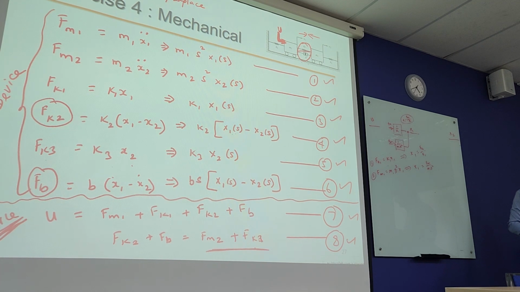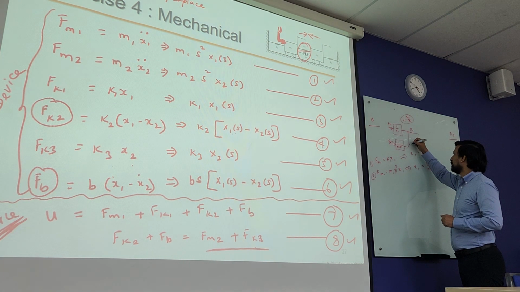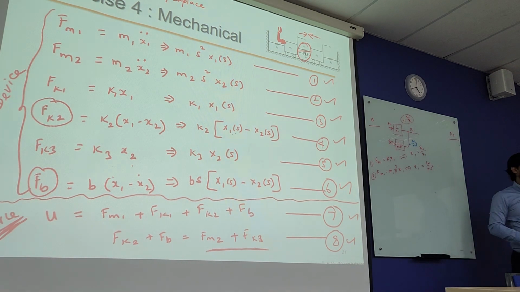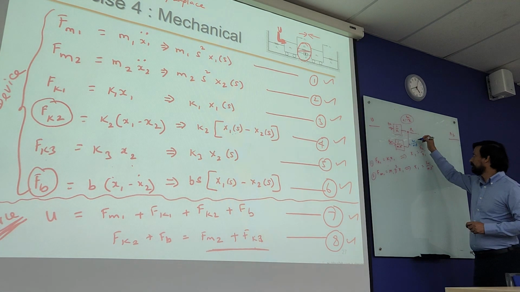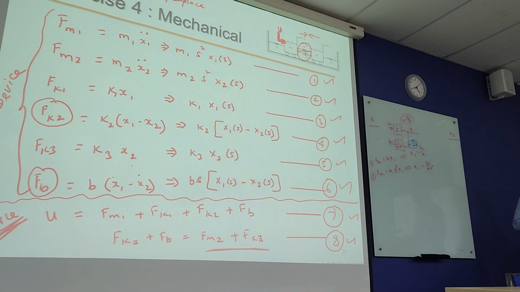Equations 1 and 2 converted into a block diagram. Maybe I will write the respective terms over here so that it will be easier to follow. M1 d square. Okay, so this is also called x1. This one I write on the side because the x2 still remains.